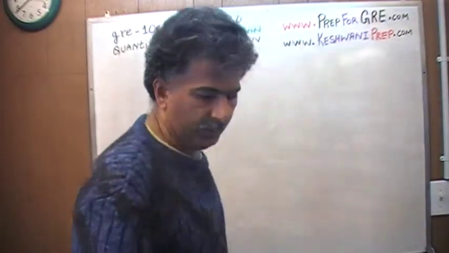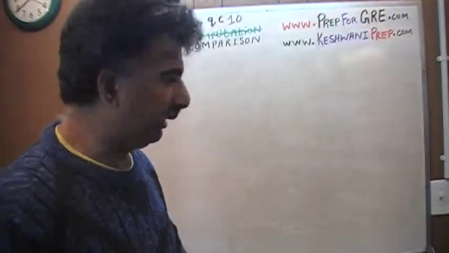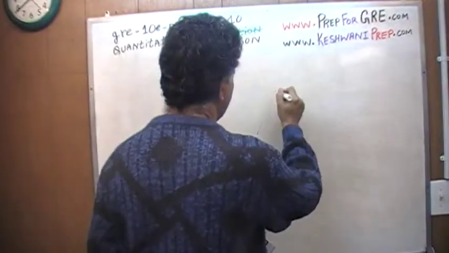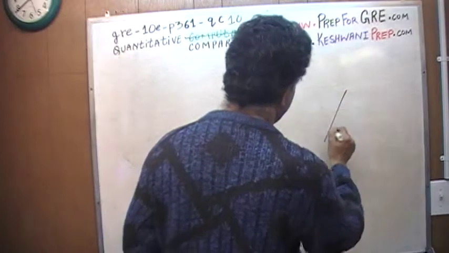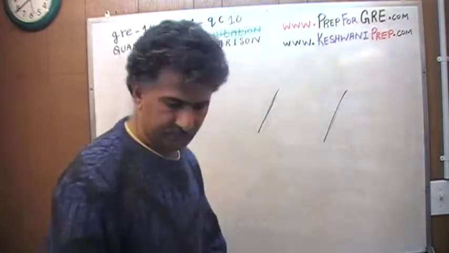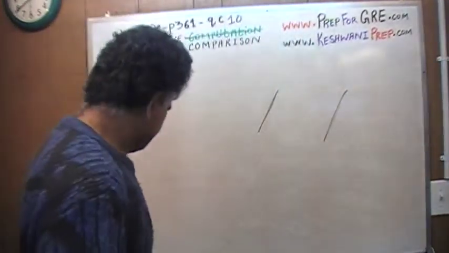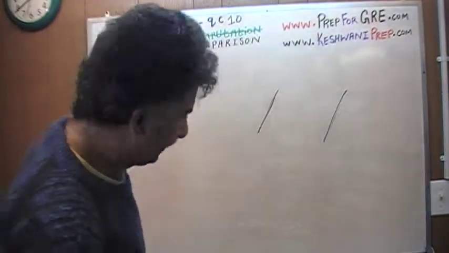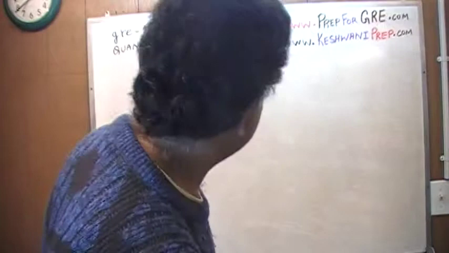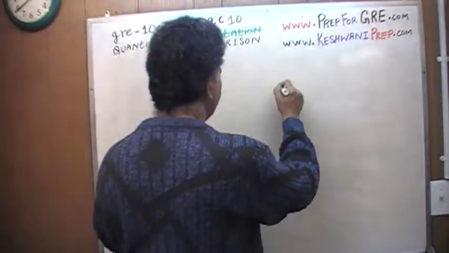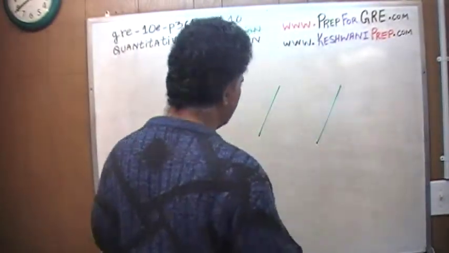A parallelogram is so called because the two opposite lines, this line and that line, are parallel to each other.